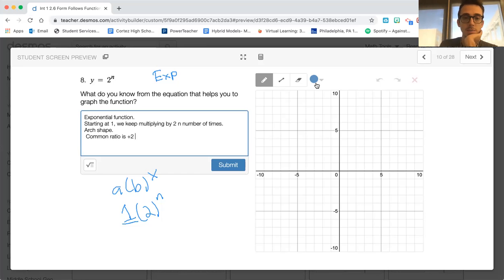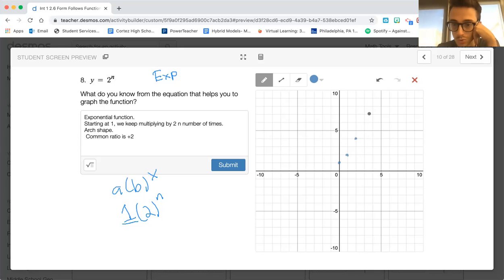Pretty cool. All right. If we want to graph this out, get a little table going. Think of what I said. Our starting value was 1, and we keep multiplying that by 2. So that goes to 2, then it goes to 4, to 8.